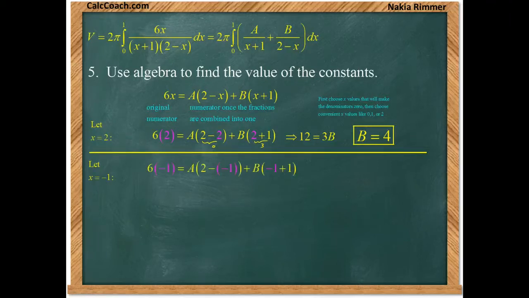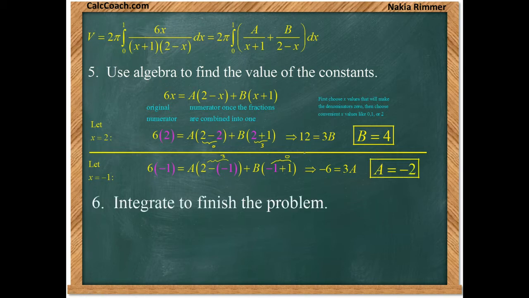That'll kill the b term, because the b term will end up as a 0. I don't have to worry about b. For a, we get -6 is 3a. What does that make a? a is -2. And we have decomposed it. We plug it back in, a over x plus 1 and b over 2 minus x.